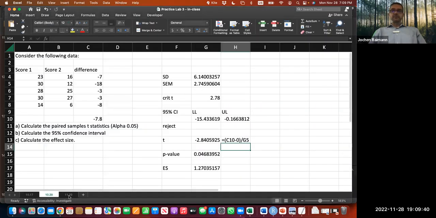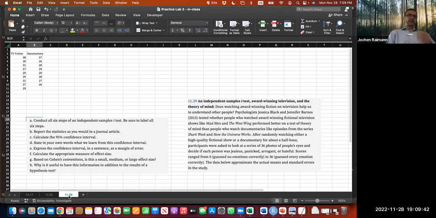And then lastly, we have the third example for the last 10 minutes. So here we have an interesting idea. That's actually why I like the book from Nolan and Heinzen, because they have data from real psychological experiments. They wanted to find out whether people that watch fiction on television have a changed perception of emotions of people.